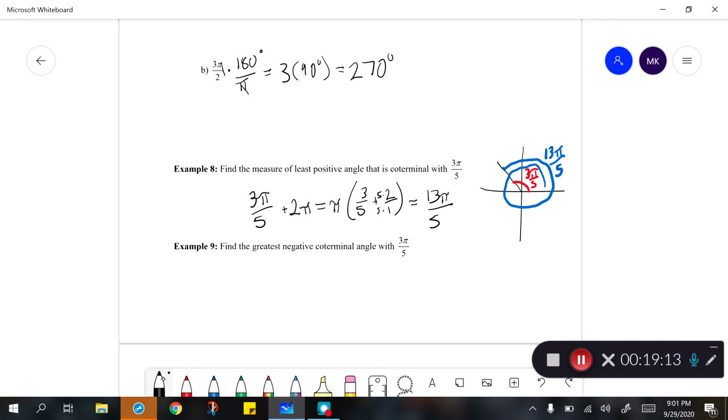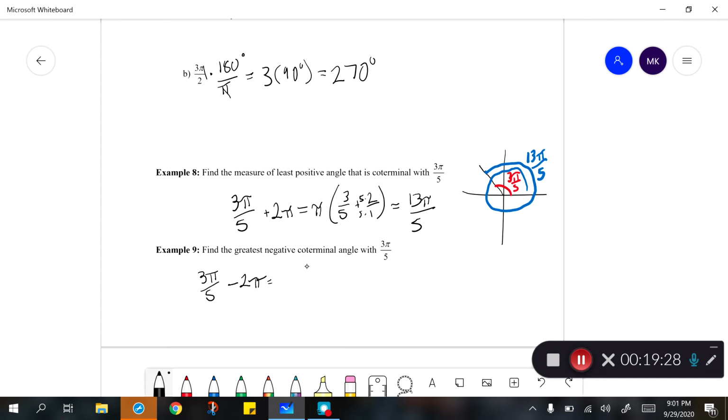So now to find the greatest negative coterminal angle. We're just going to do the same thing, 3 pi over 5, but since we want it to be negative, we're going to subtract 2 pi. So again, we can do it very simply. I have 3/5 minus 2, with our pi out there.